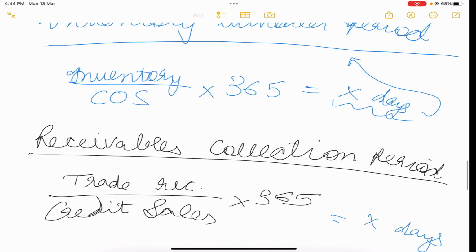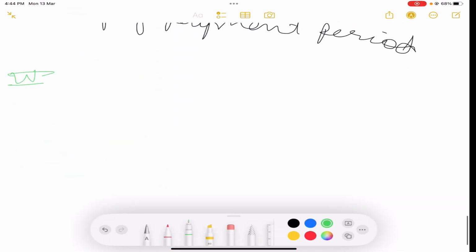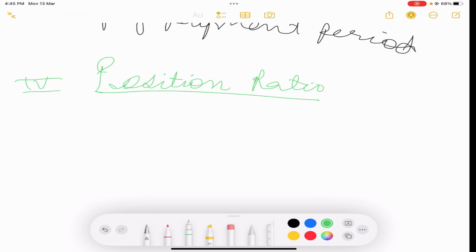Okay, so these are my efficiency ratios. The last ratios, let's quickly write it in the same chart. The last ones are my position ratios. The first one in my position ratio is the gearing ratio.